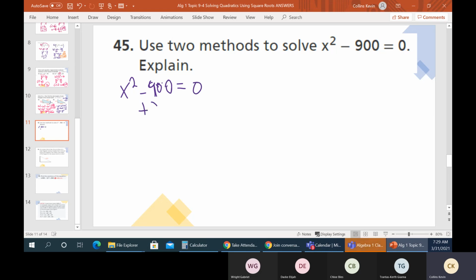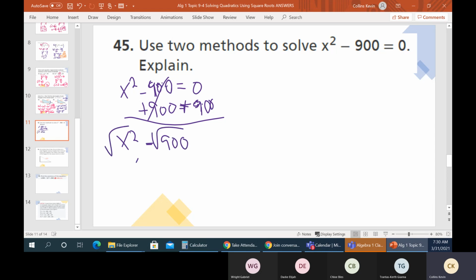So here we would add 900 to both sides. What is wrong with the 9s today? So add 900 over here. These guys cancel out. I get x squared equals 900. The next move, of course, is the square root.